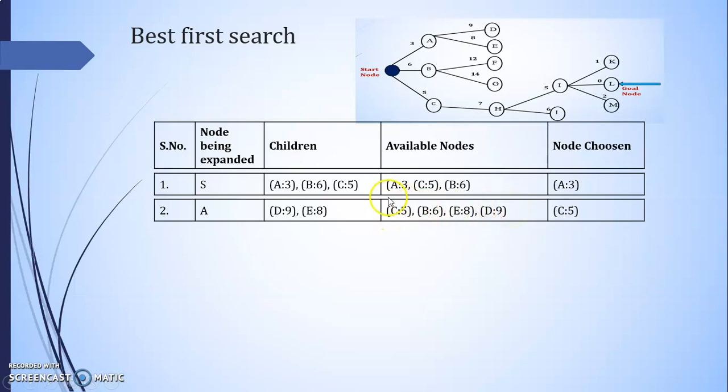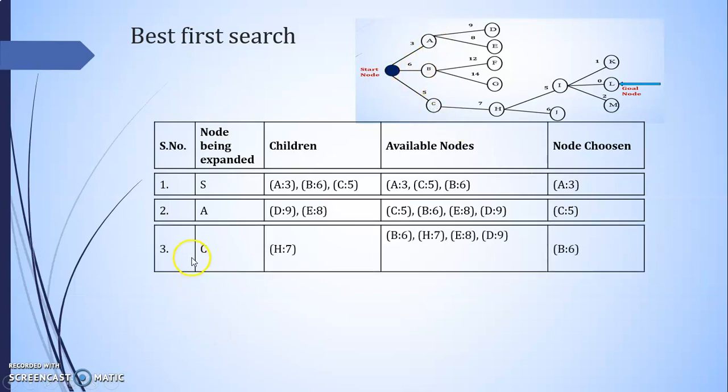So C has minimum cost, so next chosen for expansion is node C. Here you can see that firstly we went for node A in searching for the solution, but in the next step we find that C is the most promising at this position. So we switch our path from A to C.